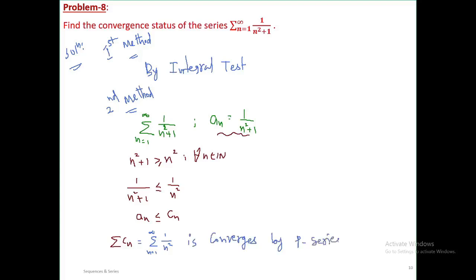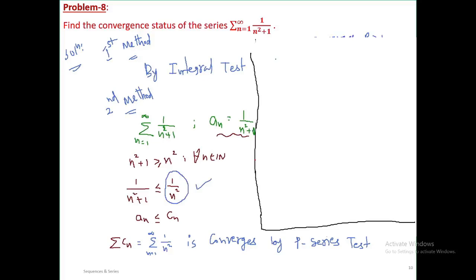Recall the P series test. All the series and all the tests you should remember. What does it say? The series of 1 upon n power P converges for P more than 1, and the same series diverges for P less than or equal to 1. In this case, P is 2, therefore this converges by the P series test.